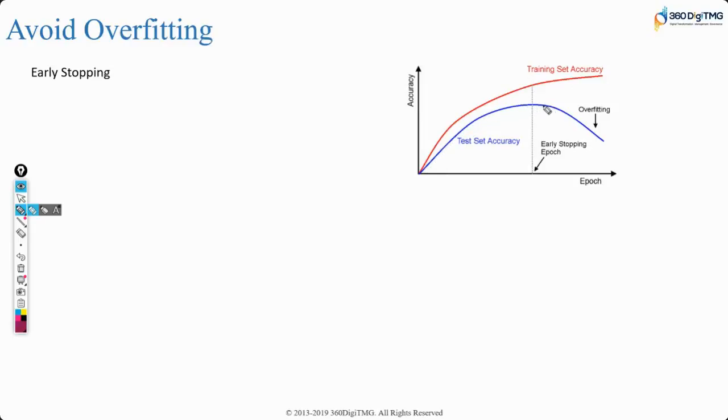The point where the training accuracy and test accuracy start diverging in a big way, you stop at that point of time and you call it early stopping.